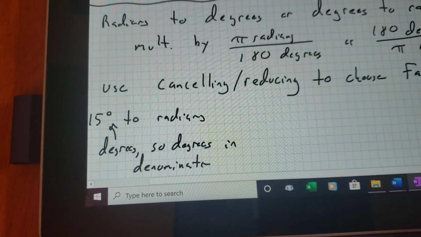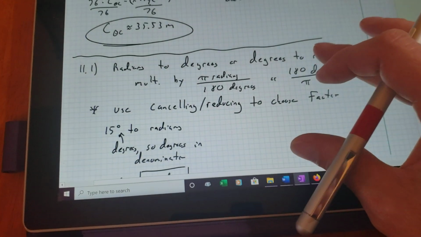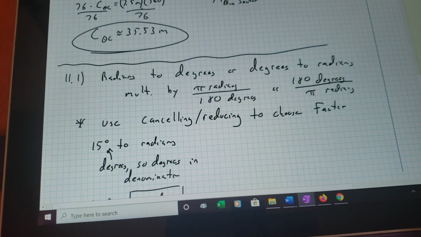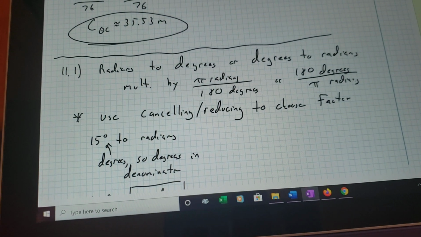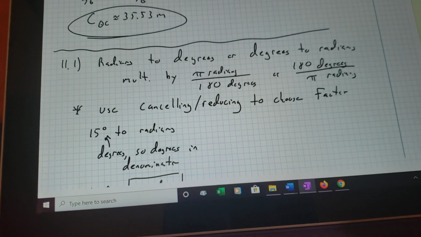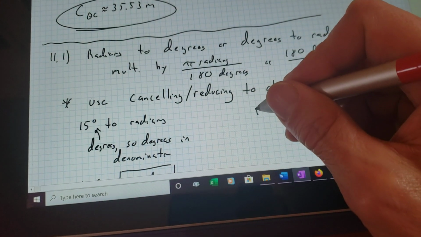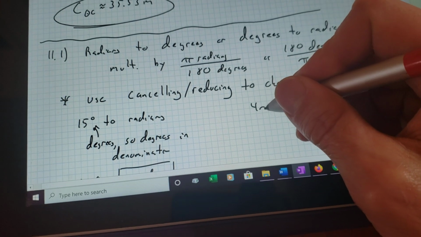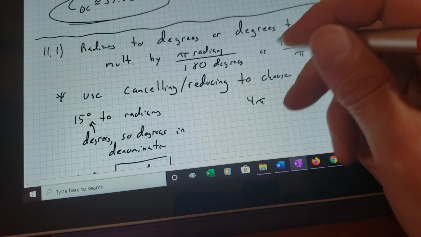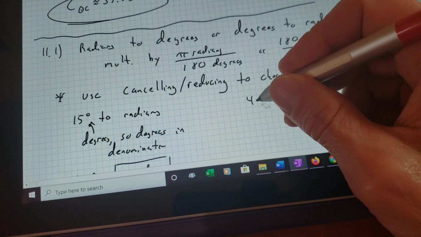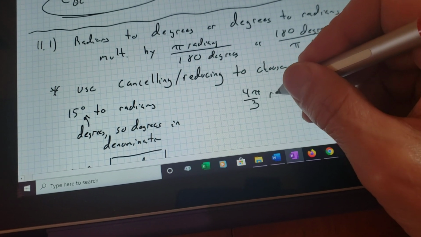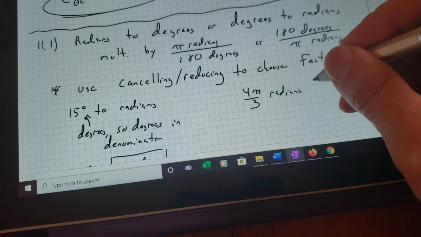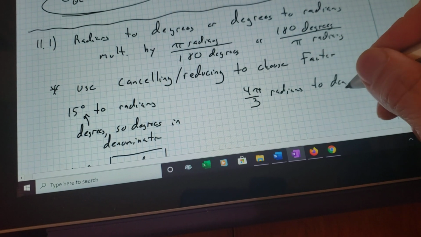I also had some questions down here about radians, degrees to radians. The key to this one is canceling. And I forgot to write out my second problem. That's going to be 4 pi over 3 radians to degrees.